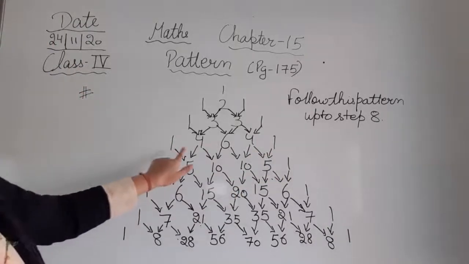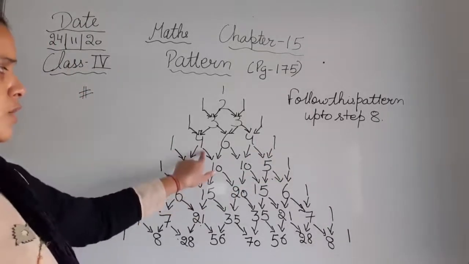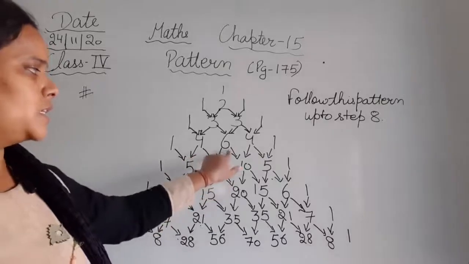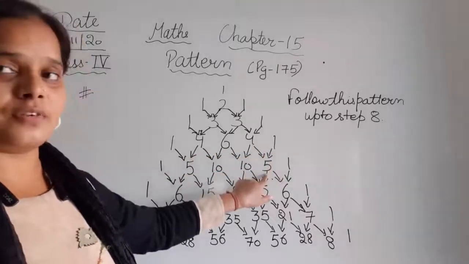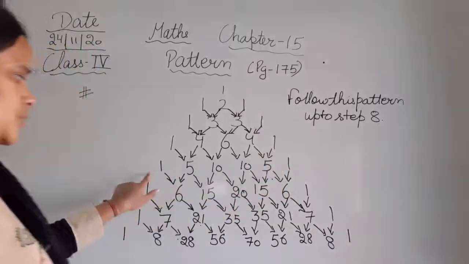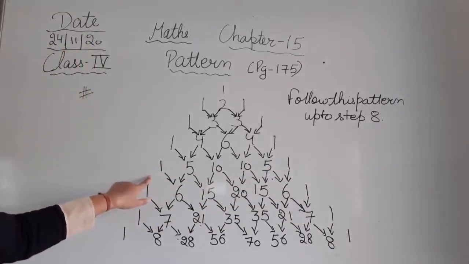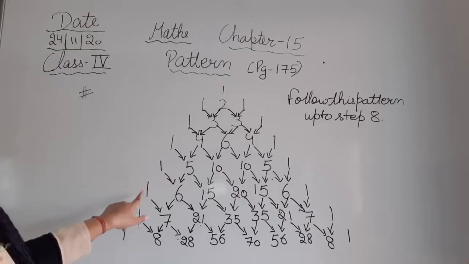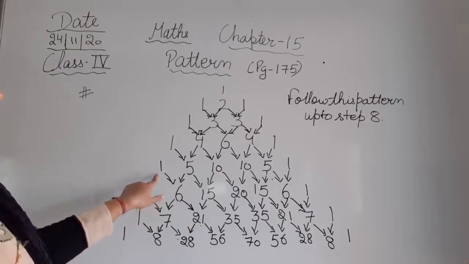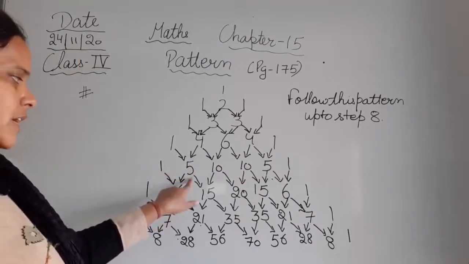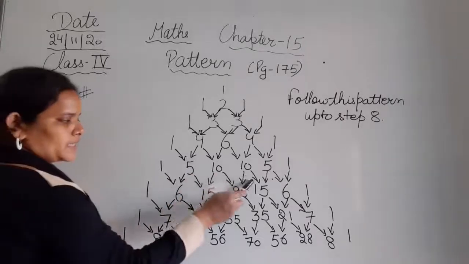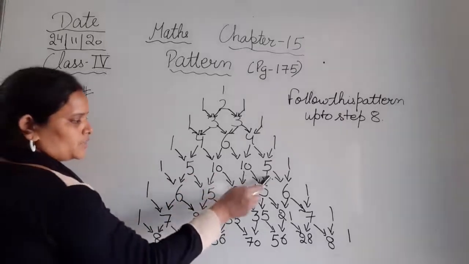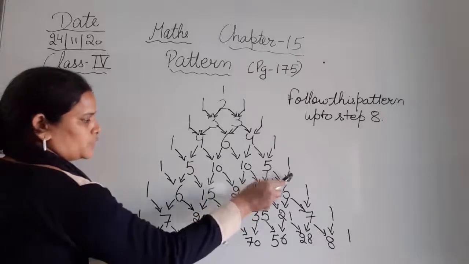Next again, 1 plus 4 is 5, 4 plus 6 is 10, 6 plus 4 is 10, 4 plus 1 is 5. Now adding 1 on both sides. Next, 1 plus 5 is 6, 5 plus 10 is 15, 10 plus 10 is 20, 10 plus 5 is 15, 5 plus 1 is 6.